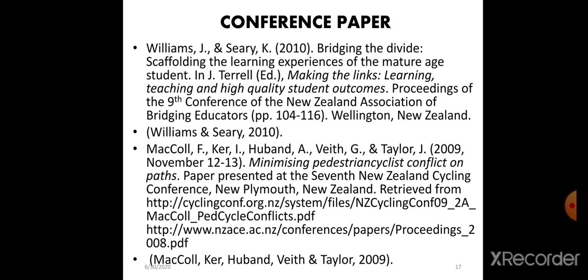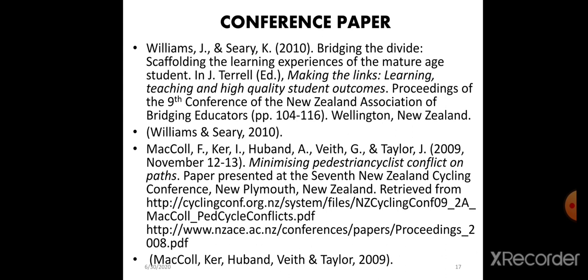Just like Williams J. and Seri K., 2000, "Bridging the divide: scaffolding the learning experiences of the mature age." Your paper title does not need to be italicized, and since the editors are given, the case is reversed: the initial comes first, and then, just like with a chapter, the editors are added. Then the book or document title will be in italics, followed by proceedings of the 9th conference of New Zealand.